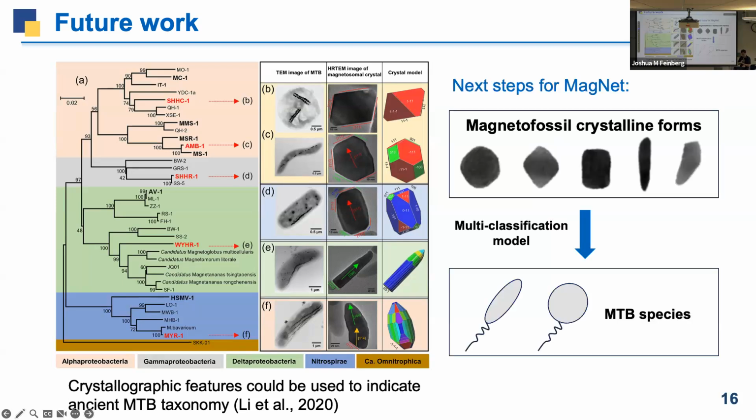What we want to do is extract each particle, and then predict which species can produce this particle. Maybe this will be very useful for magnetofossil research. Maybe we can see species changes, from single crystals, during some climate events or in different environments. So that's my future plan.